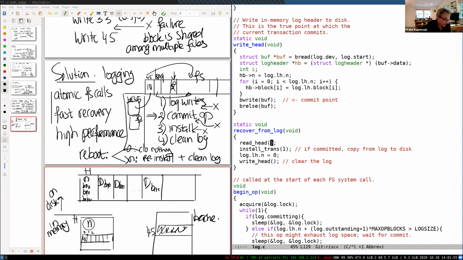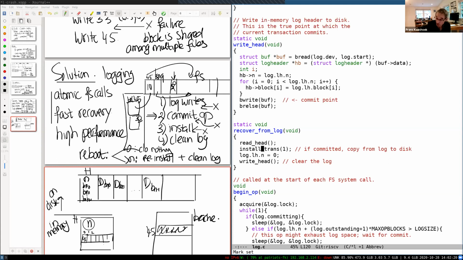This is exactly the same install trans that we looked at a little while ago. It looks at this n and installs all the blocks from 0 to n out of the log into their home locations. Once it succeeds, it calls clear log as before. That's all recovery does. Recovery just always does the installation.